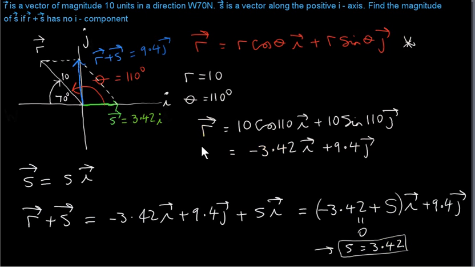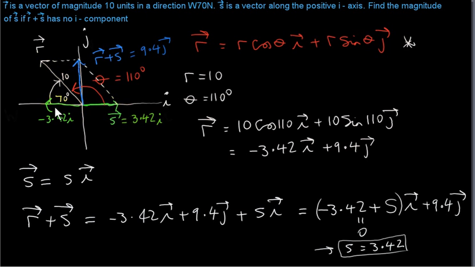Now this all makes sense because if we look at the i component of vector r, it's this vector here, which is minus 3.42i. We want to add vector r onto vector s in such a way that we essentially cancel vector s.